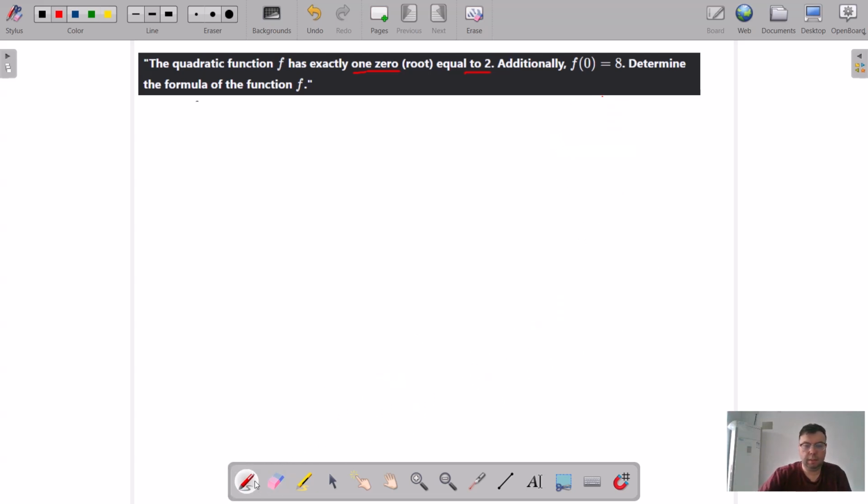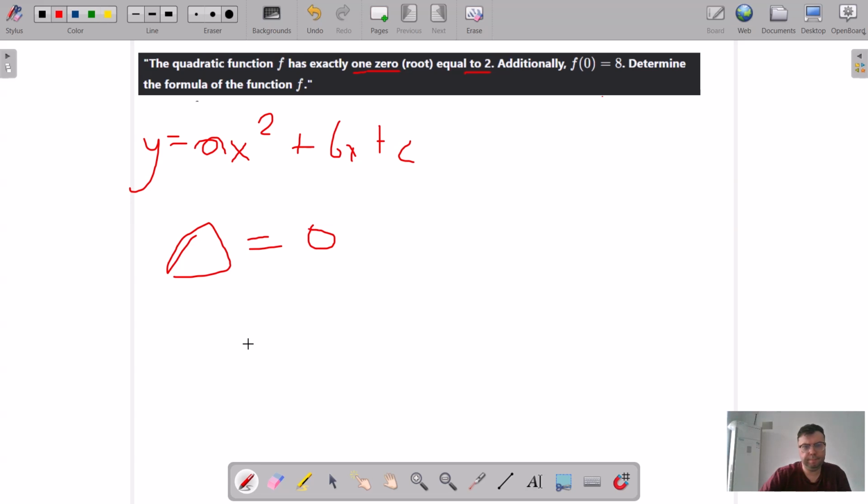Okay, and so one more time, this is the general formula of a quadratic equation: y equals ax squared plus bx plus c. So we know that delta equals 0, because it has only one solution, one root, and we know that p equals minus b divided by 2a.